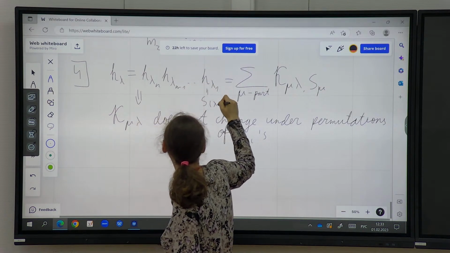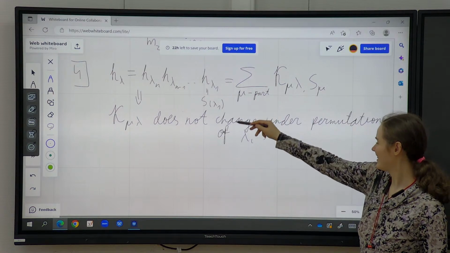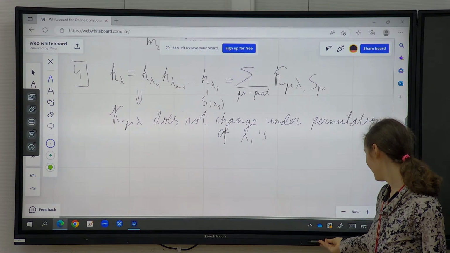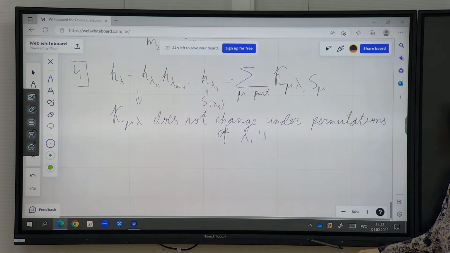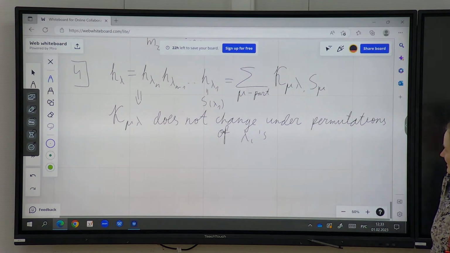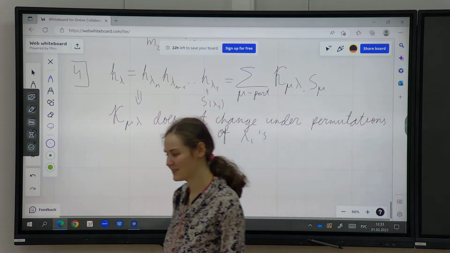Like this. And when we multiply it by h's, express the resulting product via Schur polynomials, and we should obtain coefficients that are exactly Kostka numbers. Try to understand why.